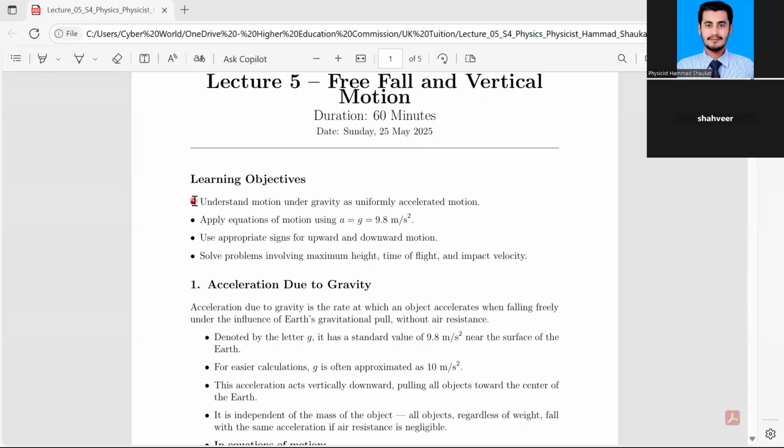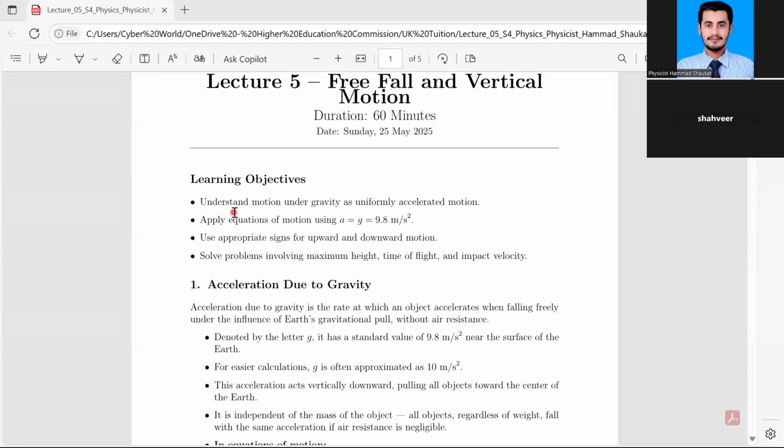So here are our learning objectives. First of all, we will understand motion under gravity. You know that gravity always attracts or repels? Attracts. Yes, gravity always attracts. And what is the motion of bodies, downward or upward? Downward.